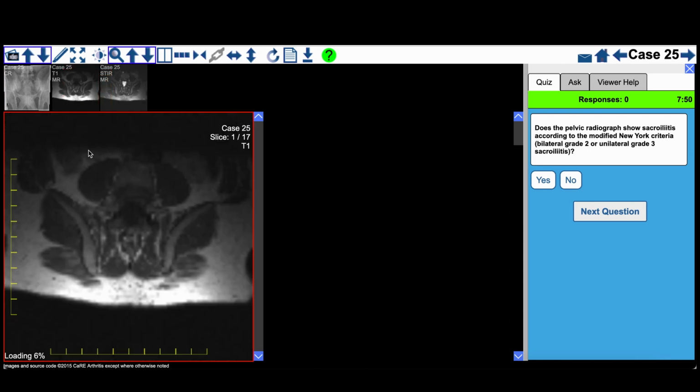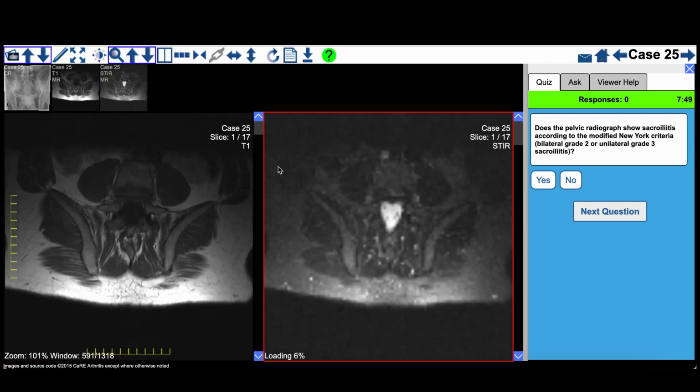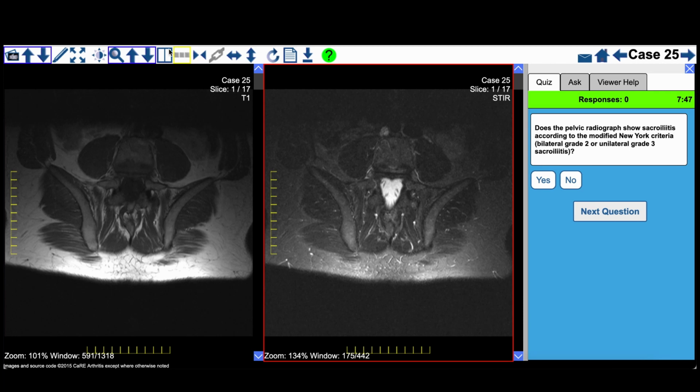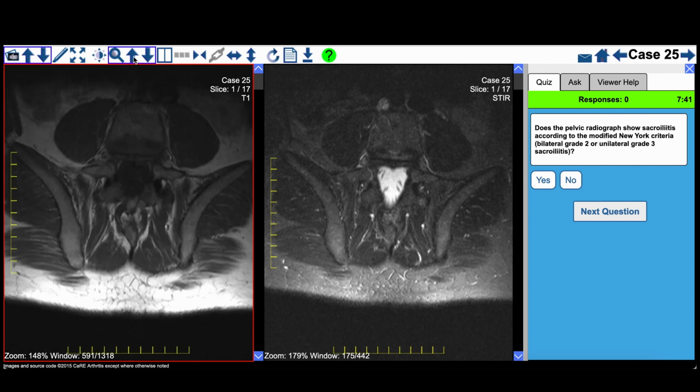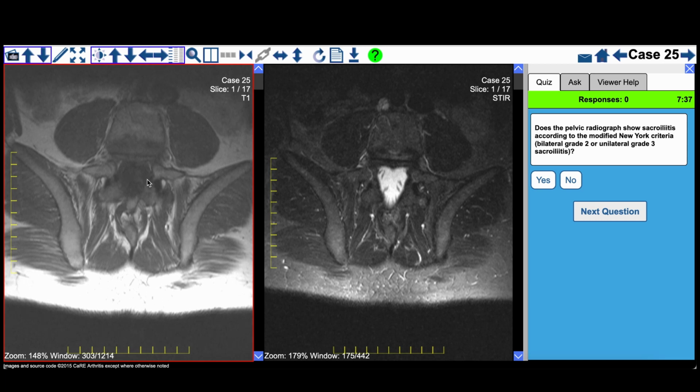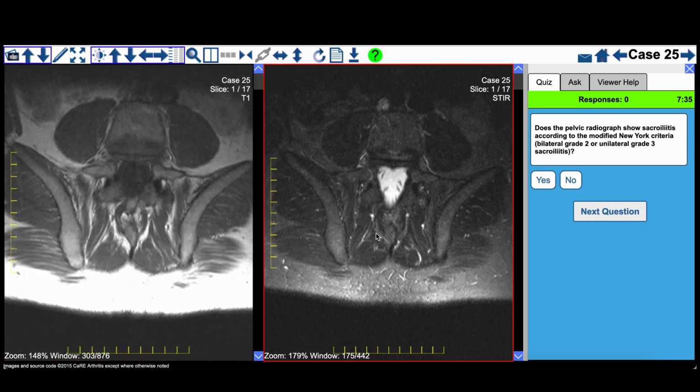Now, the imaging assessment here is crucial because this patient has tried several anti-inflammatory drugs and is still very, very symptomatic. His Bath Ankylosing Spondylitis Disease Activity Index score, the BASDAI, is 6.5.